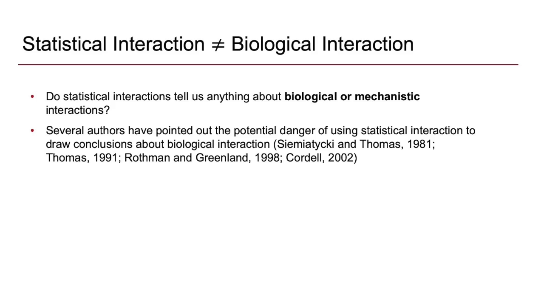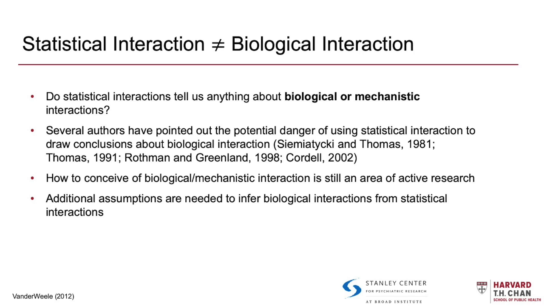Several investigators have pointed out the potential danger of using statistical interaction to draw conclusions about the biology. It has to be the other way around. It has to be driven by a question from biological understanding of a disease etiology. When we try to assess confounding or effect measure modification, it's the same even with confounding.